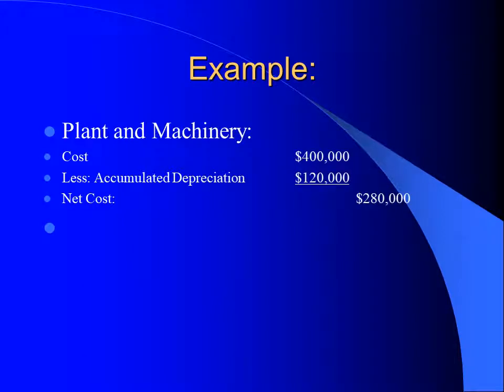So this is just an extract from the statement of financial position. We have various types of non-current assets classified on this statement like land, building, plant and machinery, furniture and fixture, office equipment, motor vehicles, and so on. So in this case, we are taking the asset plant and machinery and we show the cost of the asset at $400,000 and then we show the accumulated depreciation.